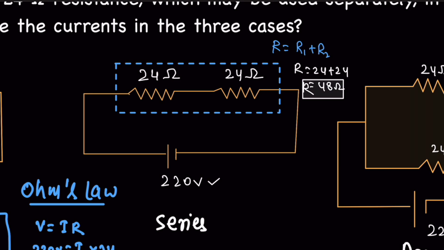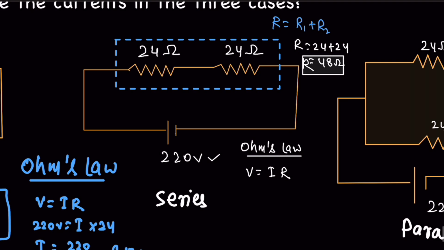So if we use Ohm's law again, V is equal to IR. So V is 220 and the current we have to find, and the resistance is 48. So I is equal to 220 upon 48. It's equal to 4.58 ampere.